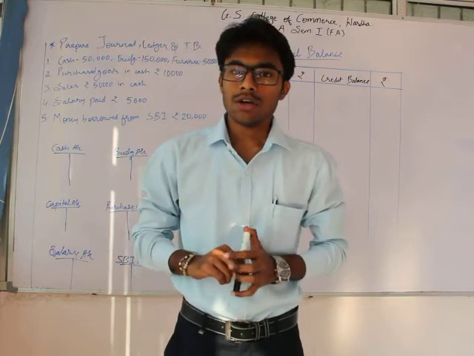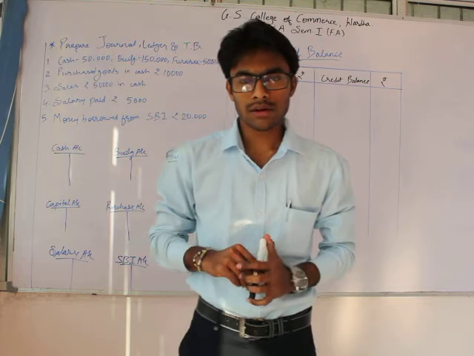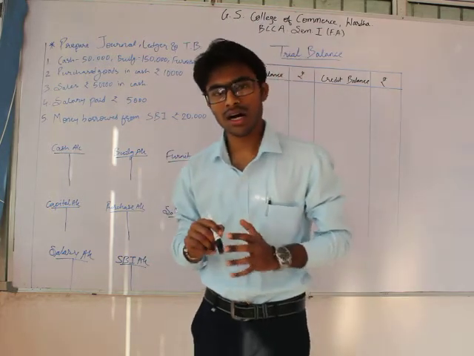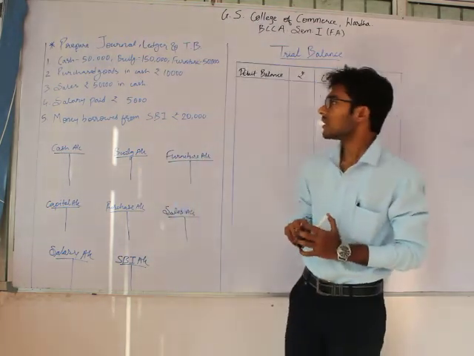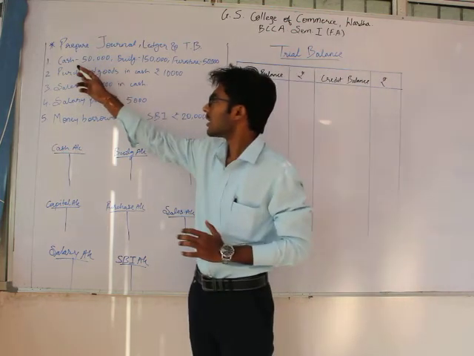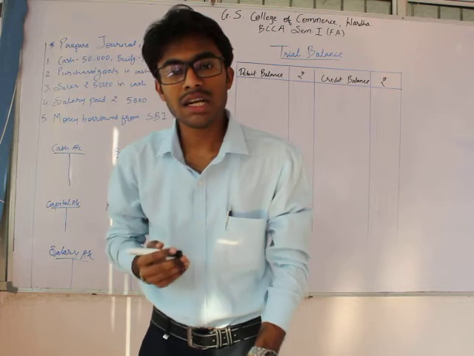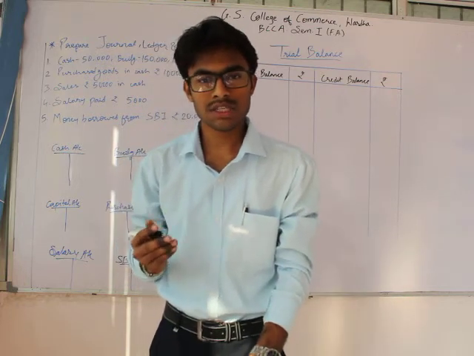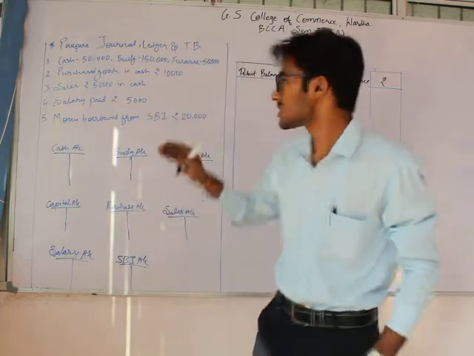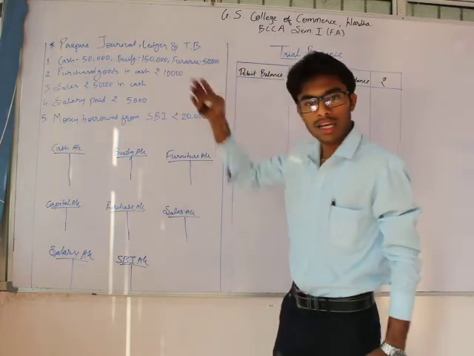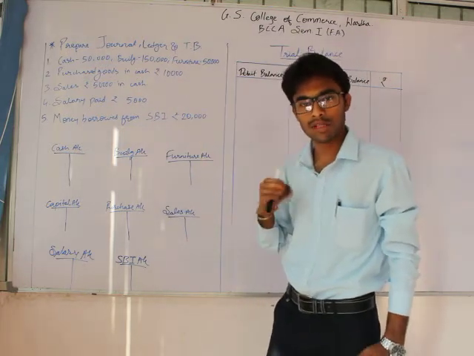Okay, so here we are, and the first transaction on our board is that cash, building and furniture have been introduced by some business person. So these three things are coming into the business.